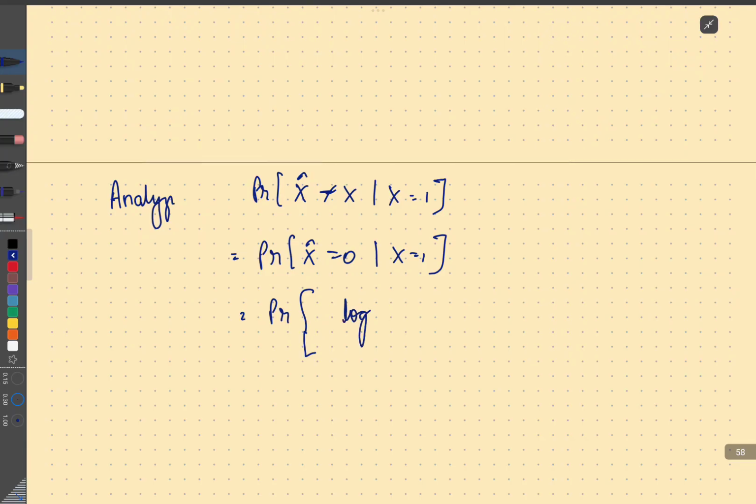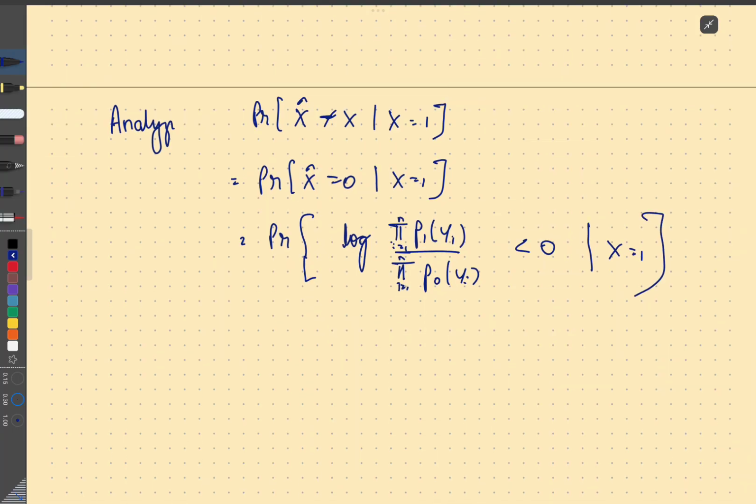So log of the product of P1 of yi over P0 of yi is less than 0, given that x is equal to 1. So when x is equal to 1, y1 through yn are IID distributed according to P1.